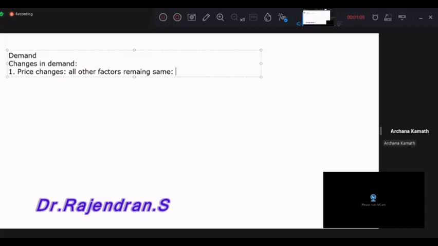And we see that price is the reason for changes in quantity demanded. And this leads to what is known as expansion and contraction of demand. So why does demand change? One particular reason for change in demand is changes in the price of the commodity, which in economics is particularly known as expansion and contraction of demand.